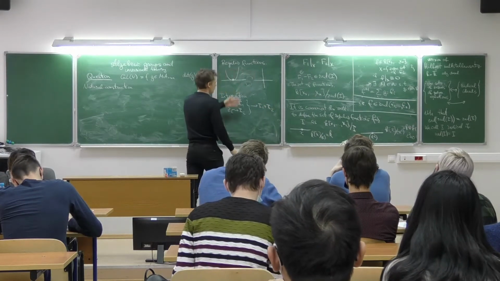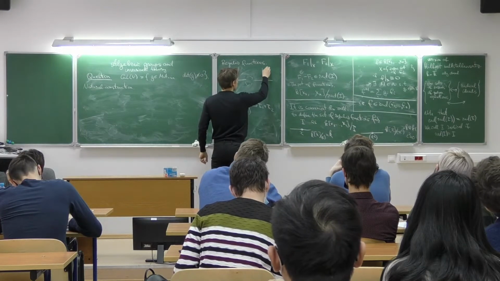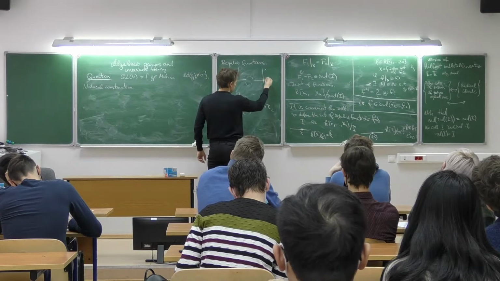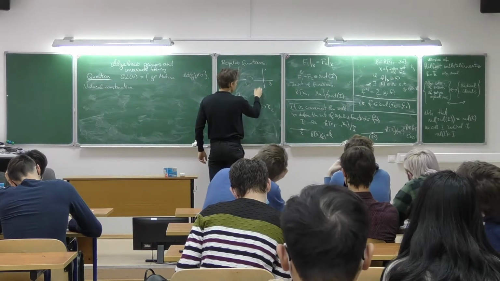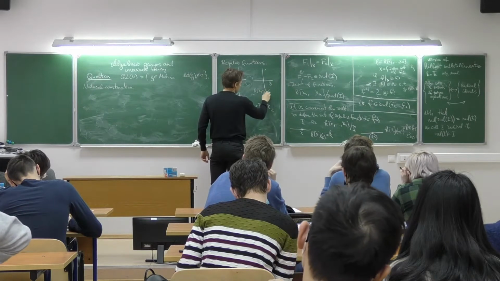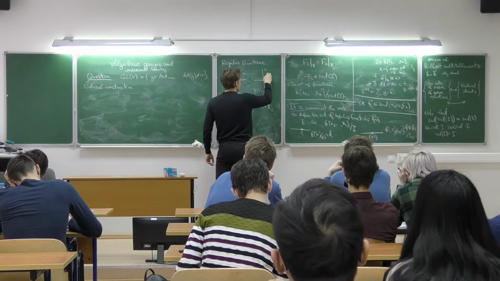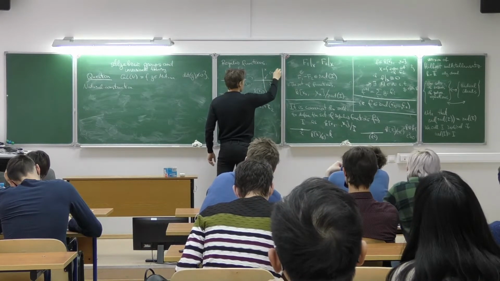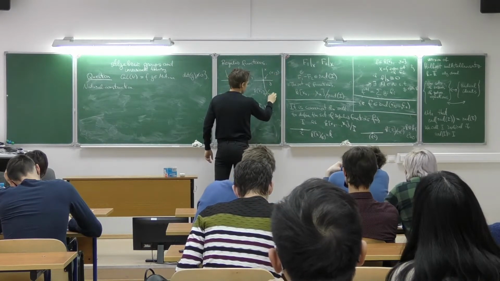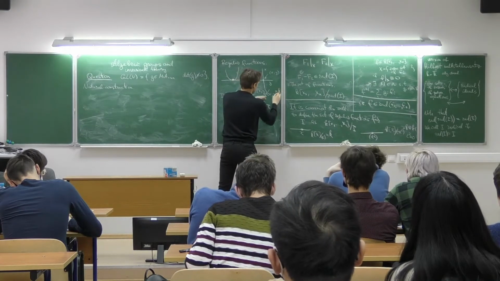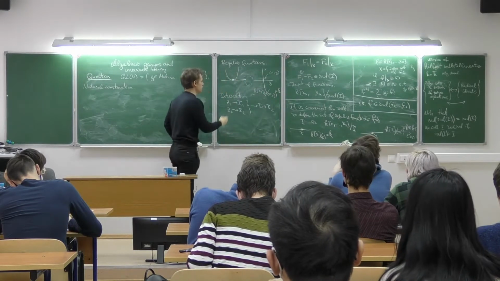Here you can pick up the ideal generated by x, and here the ideal generated by y. So the intersection point will be k of x, y. The ideal of the intersection point is just generated by x and y, and you will have multiplicity. So the answer is k here.